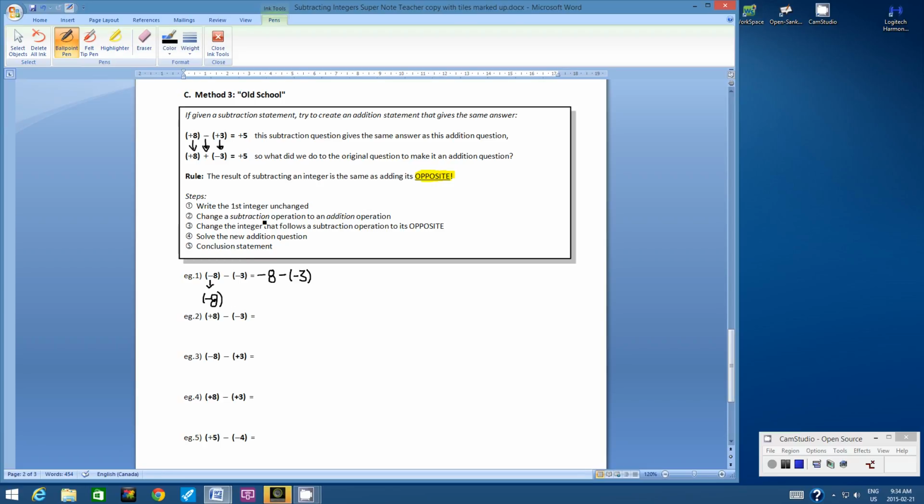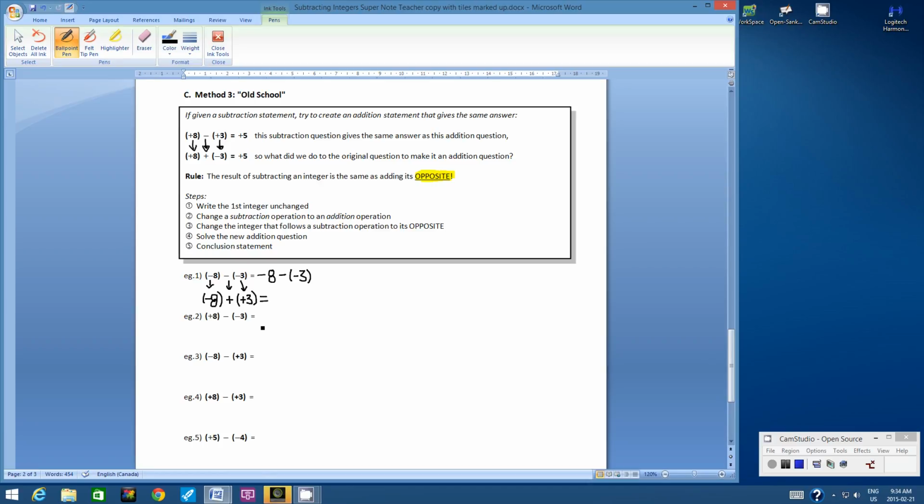Step 2, change the subtraction operation to an addition operation. So this subtraction becomes addition. Step 3, change the integer that follows a subtraction operation to its opposite. Well, this is the integer that follows the subtraction operation. The opposite of negative 3 is positive 3.